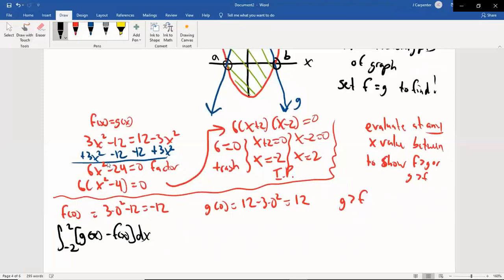On that interval, the g is always higher than the f. So this would be the integral of -2 to 2. The g of x was the 12. And let me go back to doing this in two colors. The g of x was the 12 minus 3x squared.